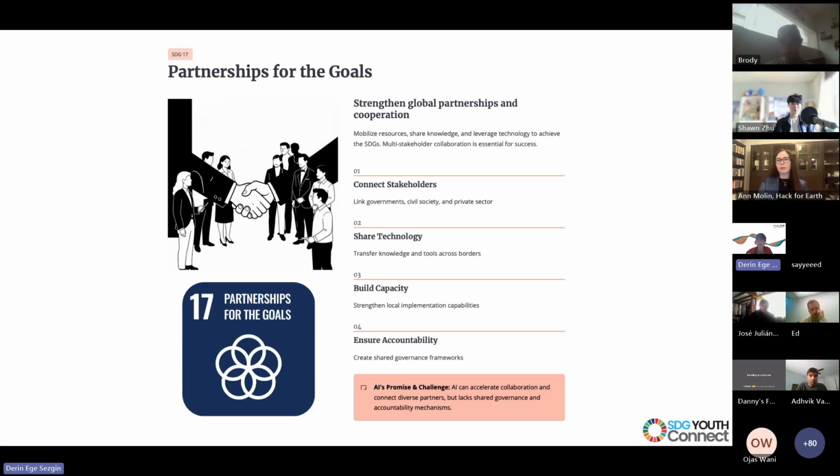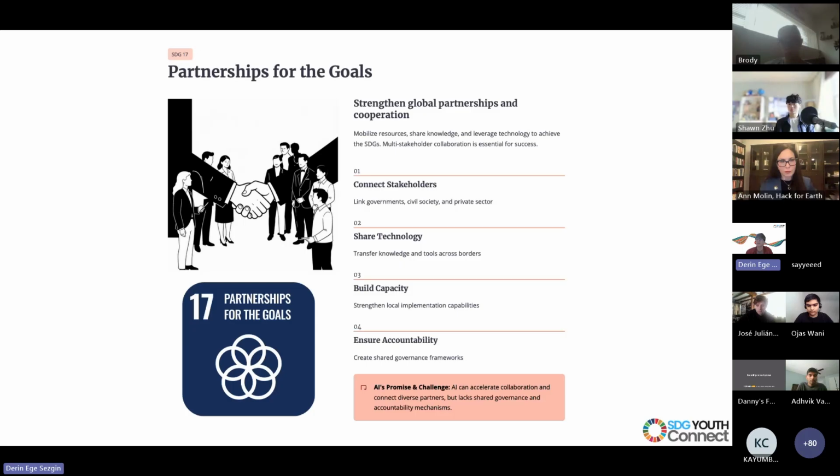Building capacity is extremely important. We must strengthen local implementation capabilities around the world. If it's been done somewhere, it's probably needed in another place. There are 8 billion people in this world, and so many of those people have probably reached the same solution over different periods of their life. Four, ensuring accountability. Creating shared governance frameworks is extremely important.